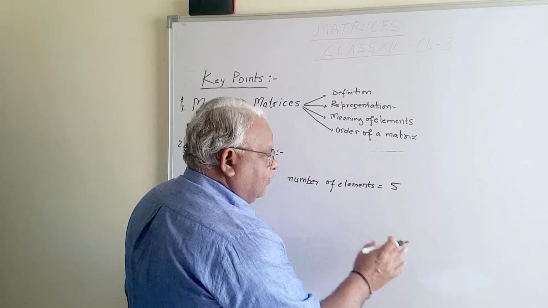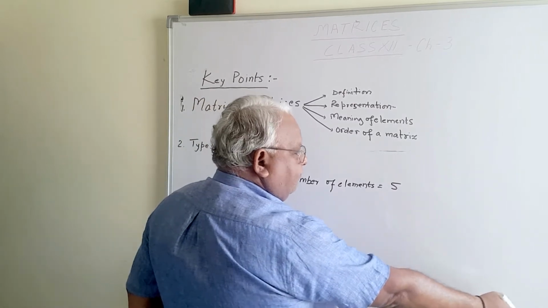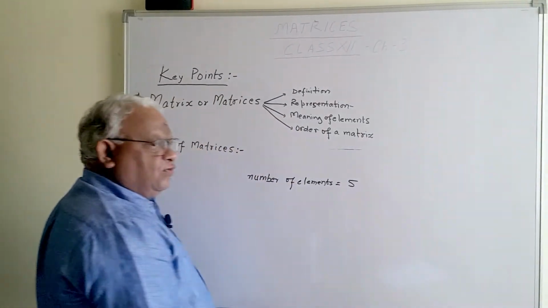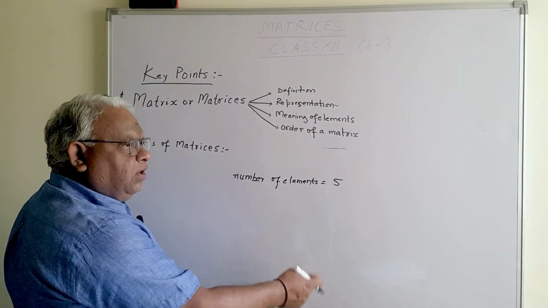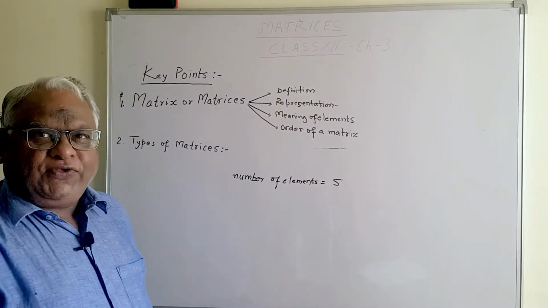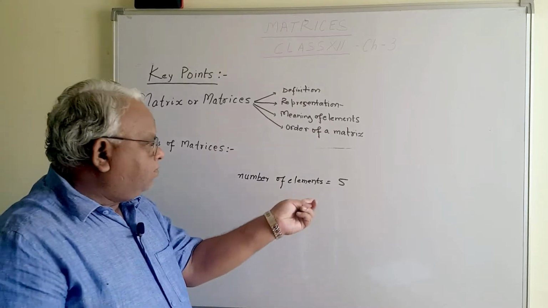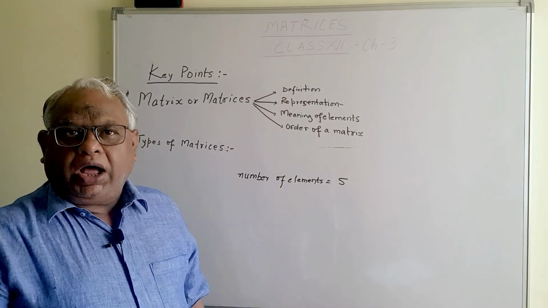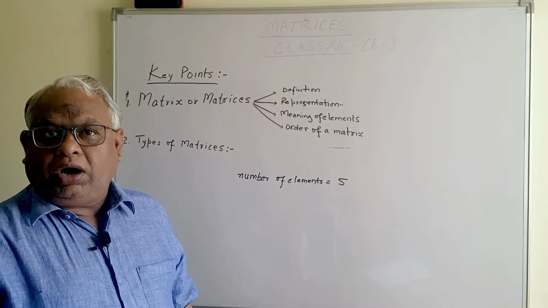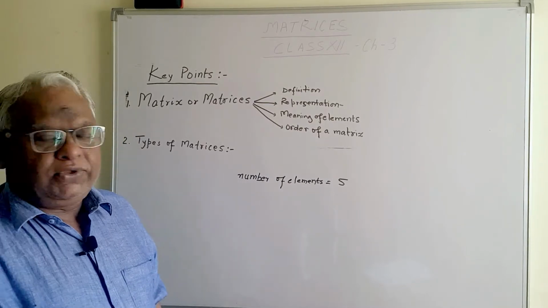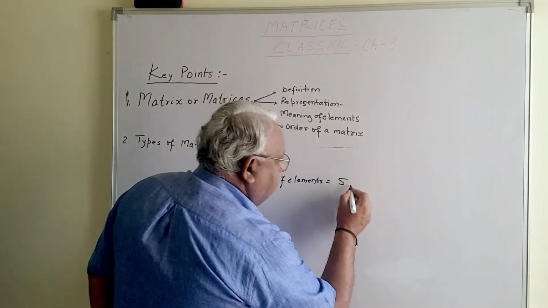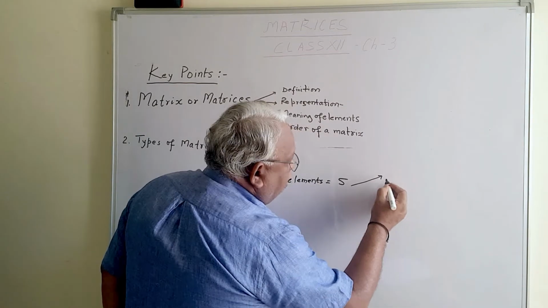Simple exercise is what you have seen, that if the order of matrix is 2 cross 3, you have the number of elements as 6. But here the question is reverse. If number of elements are 5, how to find the order of a matrix? So answer is very clear. There are two answers.